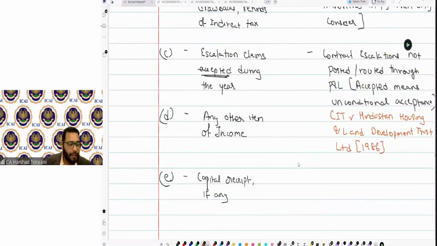Next item is with respect to any other item of income. Now you need to verify the records and documents available to you with respect to any other item of income, and accordingly, you need to report the details in Form 3CD.